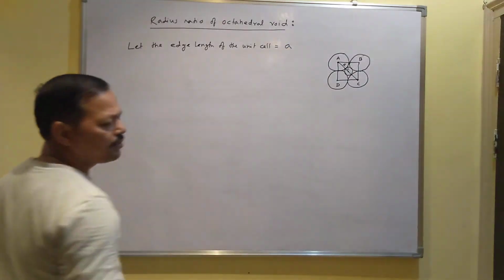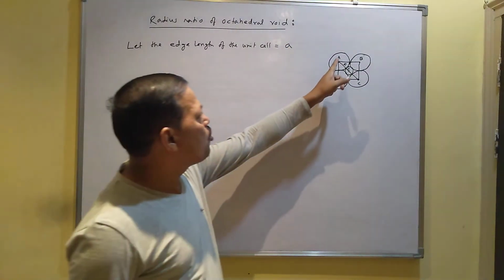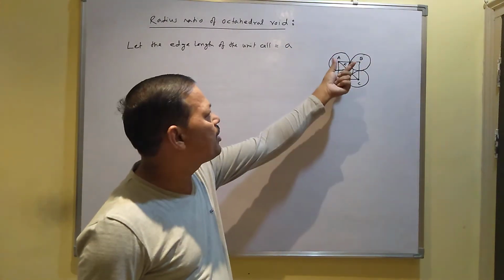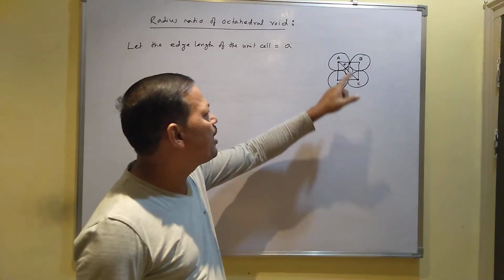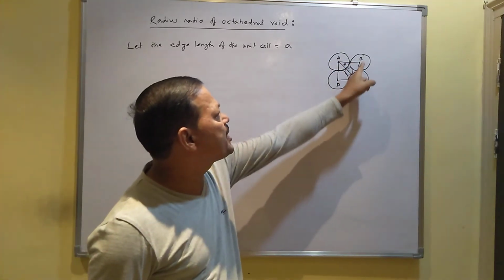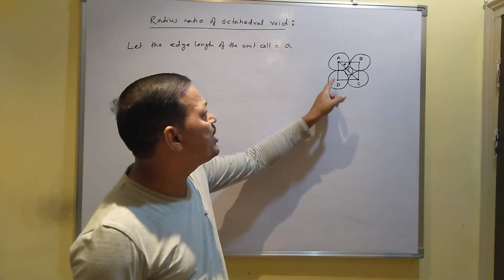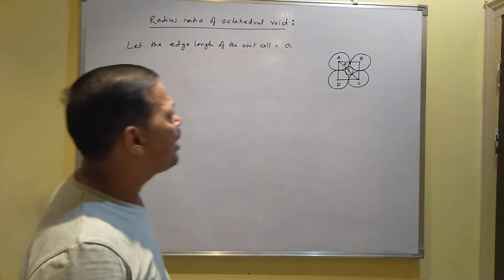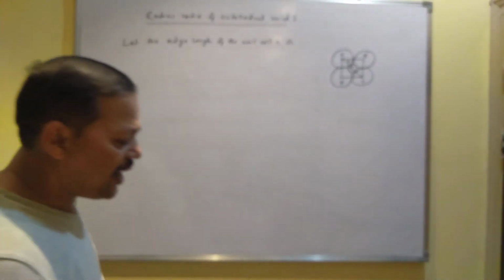a centimeter. Edge length means from one corner particle to another corner particle. That length is called edge length. I mean AB is the edge length, BC is edge length, CD is edge length, DA is also edge length, and that length we consider as a centimeter.